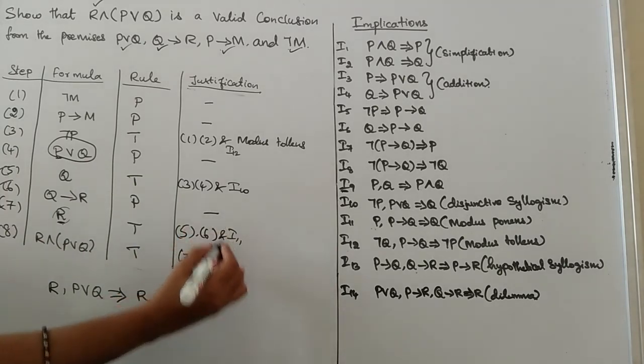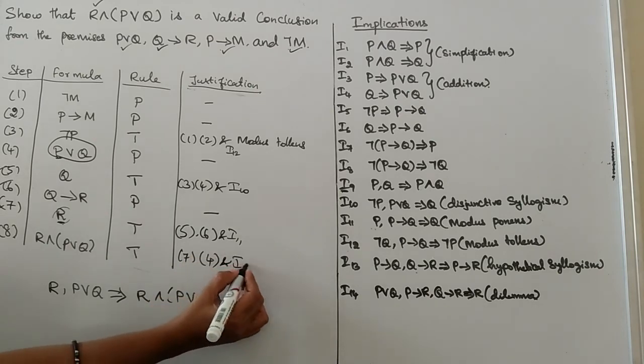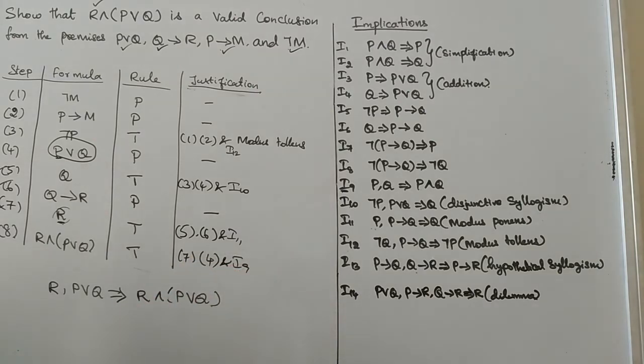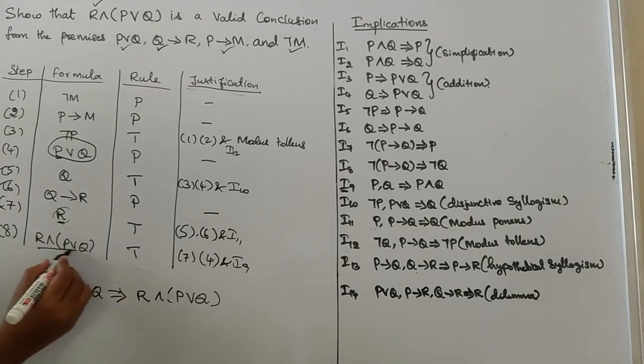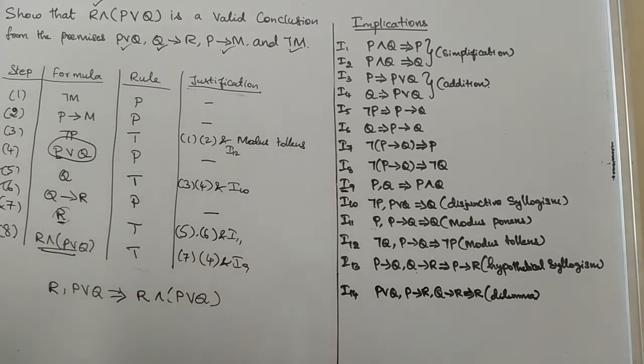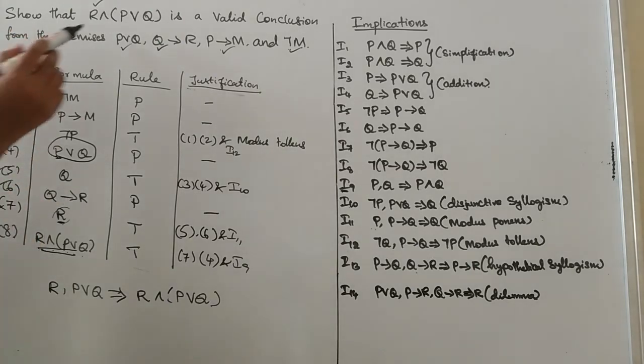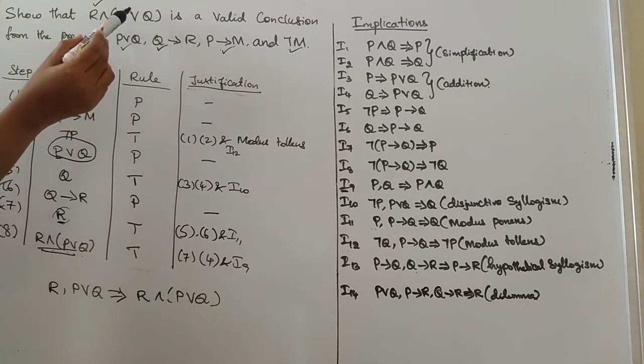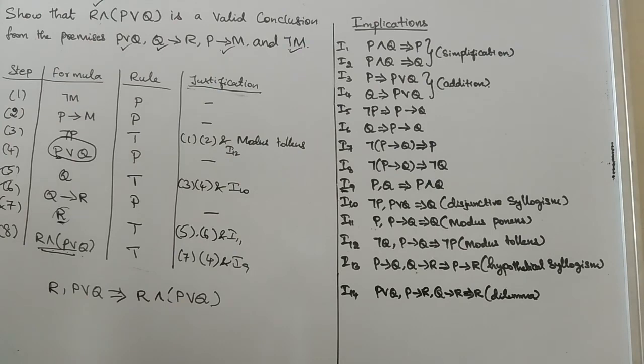Now, looking at this formula, we have derived the conclusion R and (P or Q) from these premises. Hence it has been concluded that R and (P or Q) is a valid conclusion from these premises.